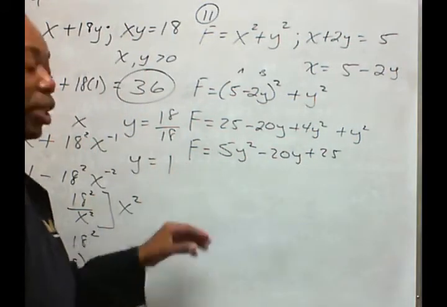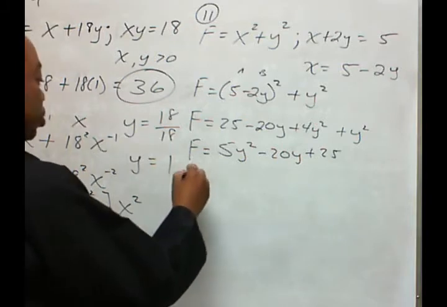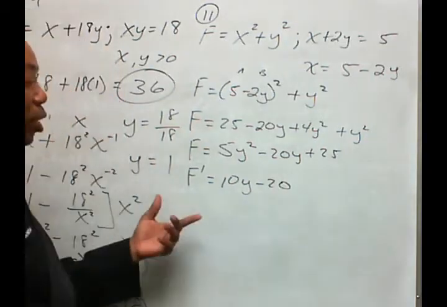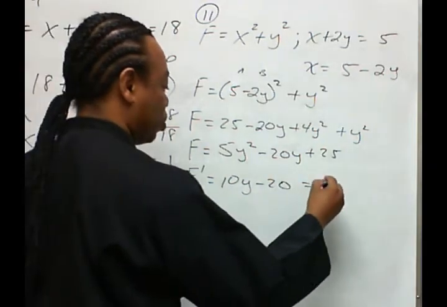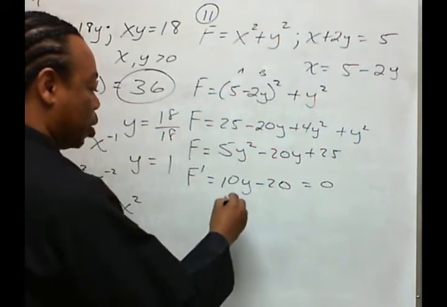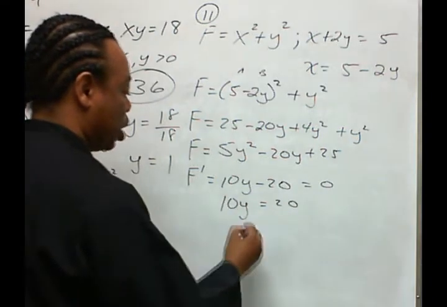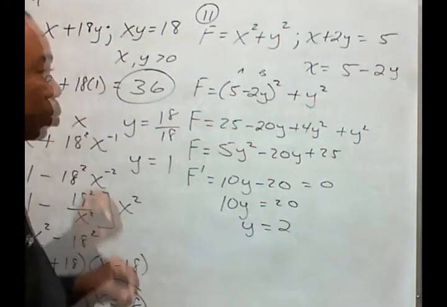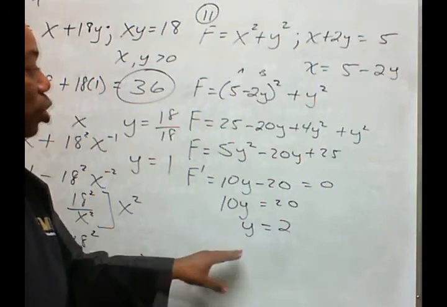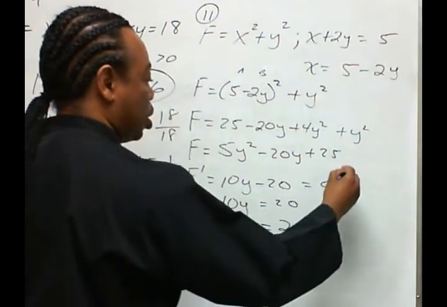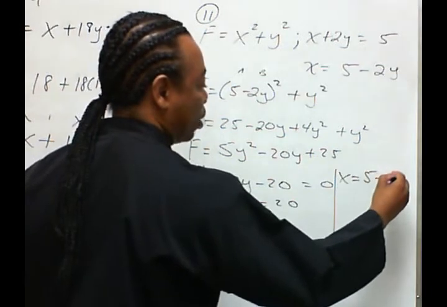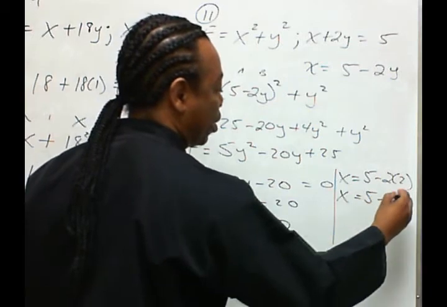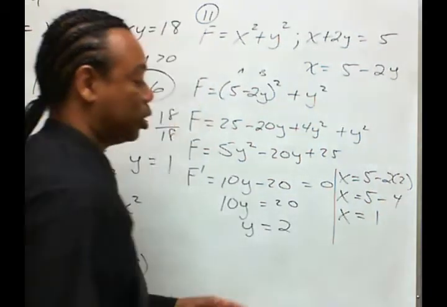Now I'm going to take a derivative of this function, and we'll get 10y minus 20. Then I'll set this equal to 0 and solve for y. I'll get 10y equals 20, and this implies y is 2. Okay, y being 2 implies that x equals 5 minus 2 times 2, which is 5 minus 4, here this gives us that x is 1.